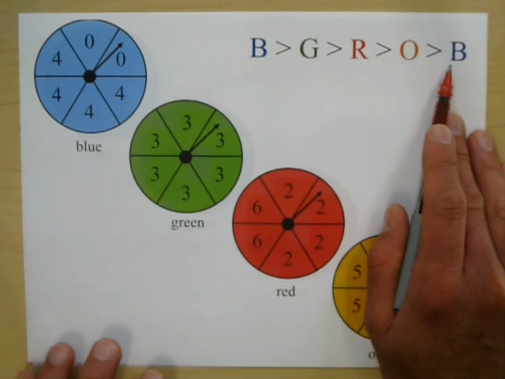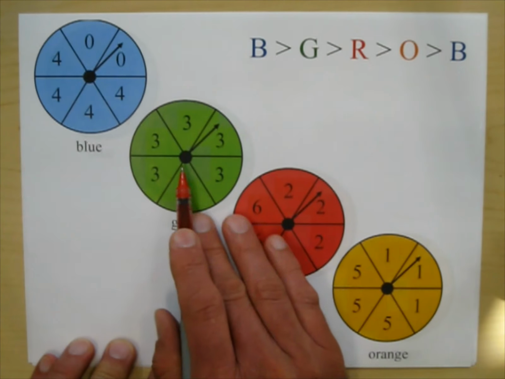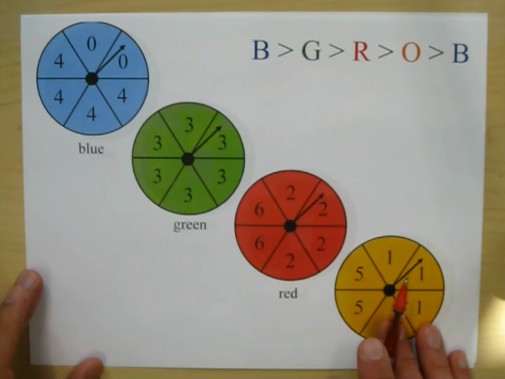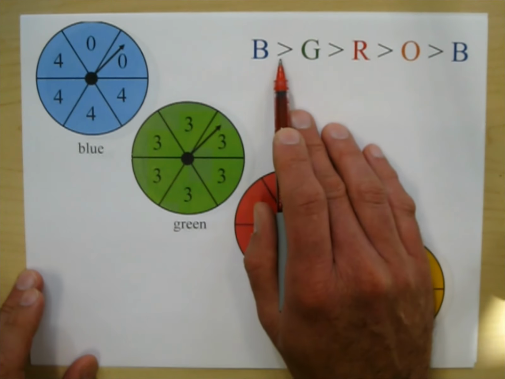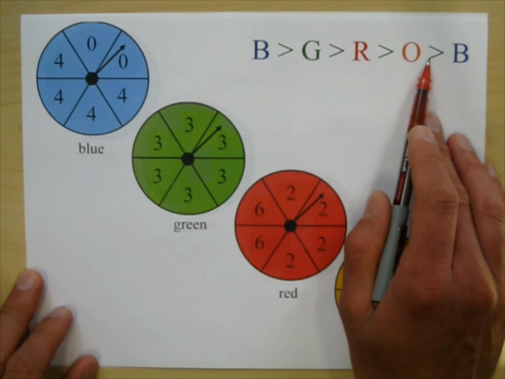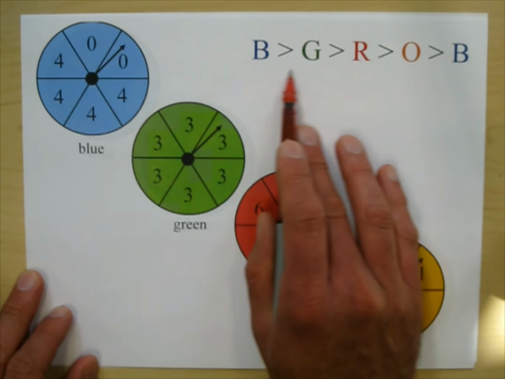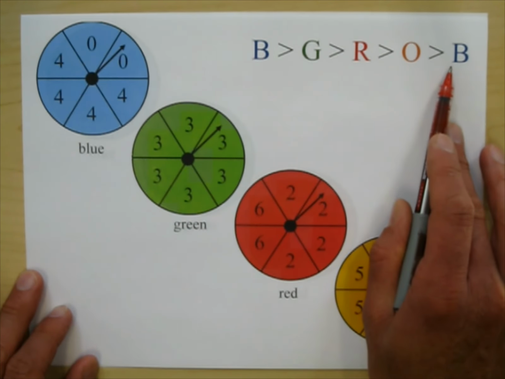So these are non-transitive spinners because we thought there was a pecking order, but there's not. And this actually upsets a lot of us because we think, you know, when we're using the greater than sign that it has to be transitive. That means we can't put blue over here, but that's exactly what happens on this.